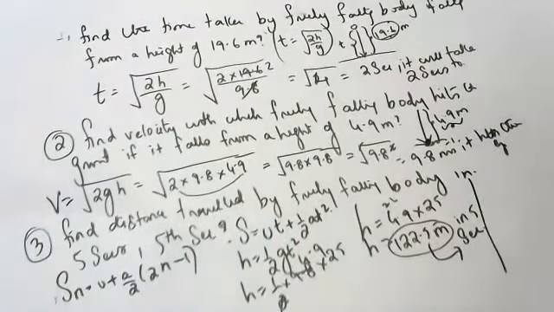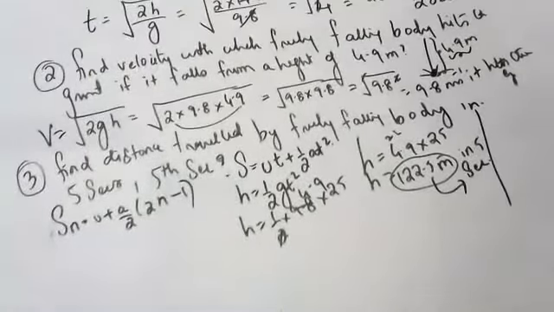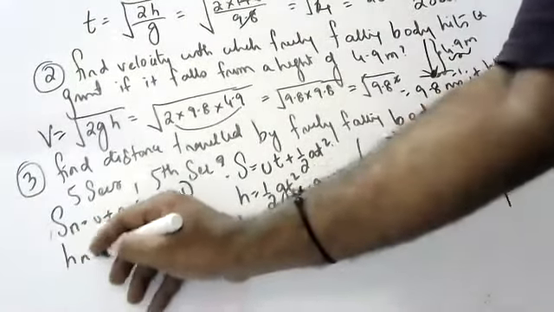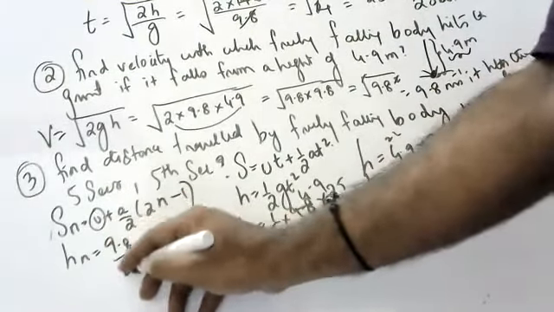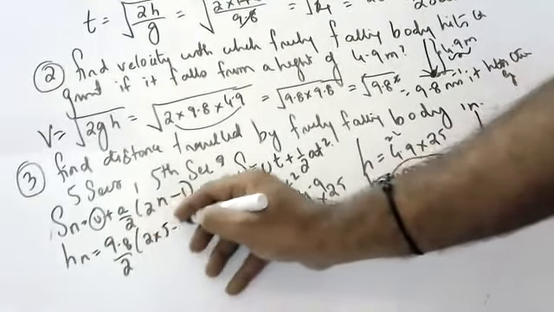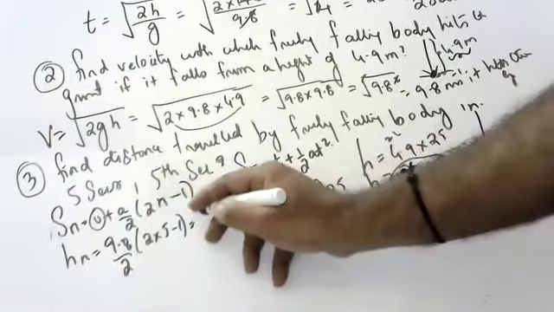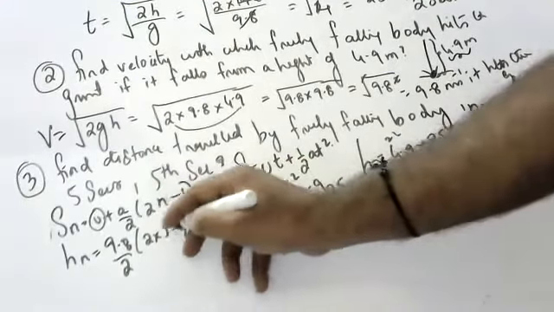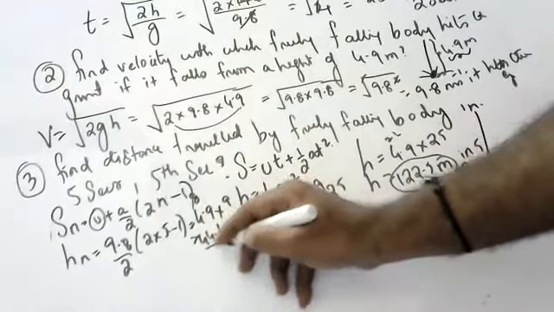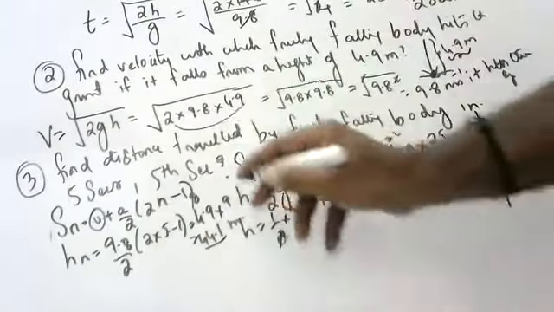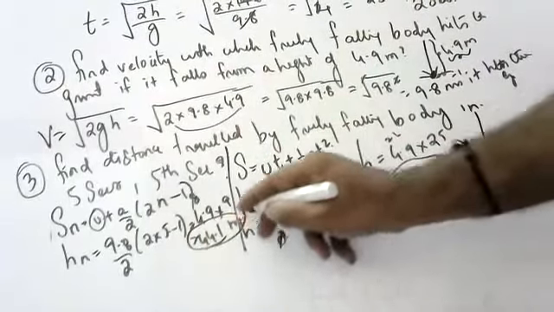Here u is 0, g is 9.8, so 9.8 by 2 into 2 into 5 minus 1. 9.8 by 2 is 4.9. 2 fives are 10, 10 minus 1 is 9. 4.9 into 9 is 44.1 meters. In the fifth second, it will travel 44.1 meters.